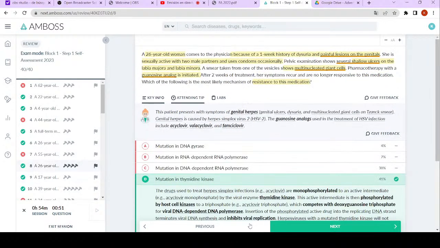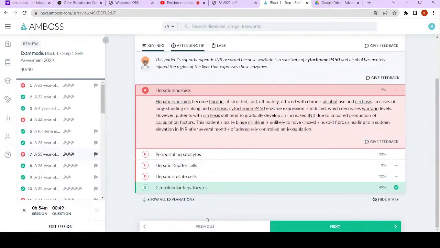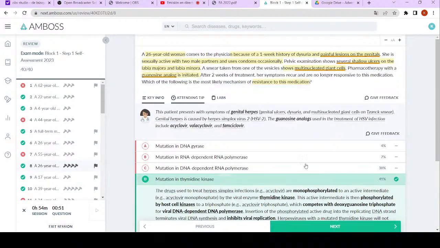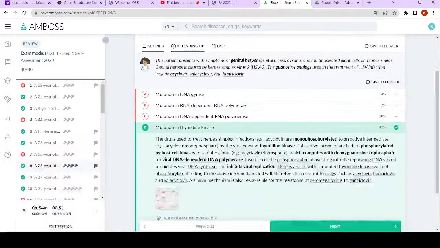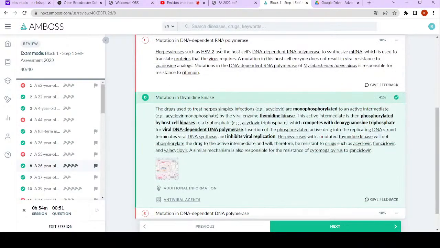Actually, I didn't review what was the second most important answer. Sorry. 30% said mutation in DNA dependent RNA polymerase. This is for herpes virus such as HSV2 or, okay, this is for mycobacterium. This is for rifampin.